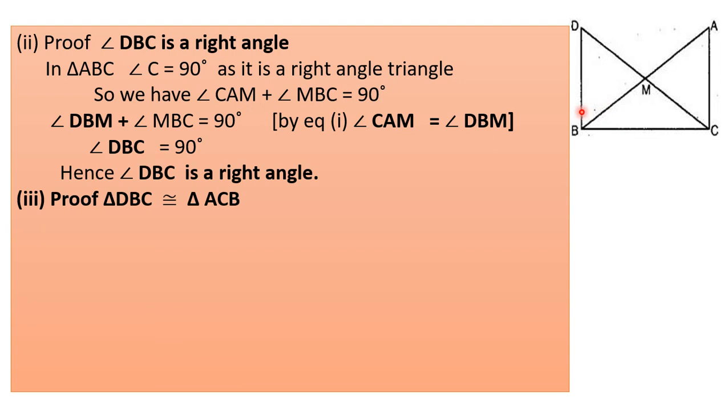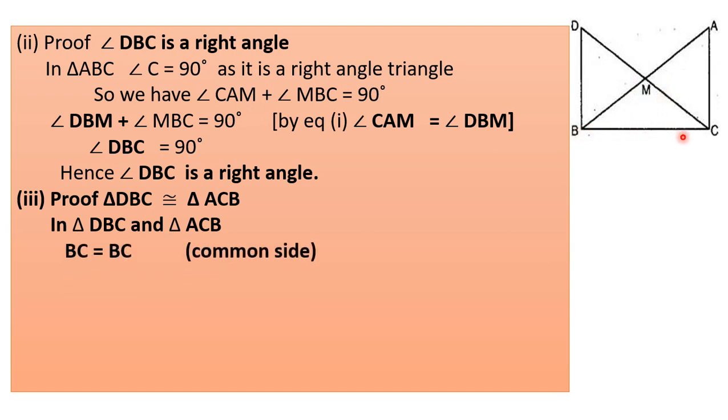Now proceed to the third proof, in which we have to prove that triangle DBC is congruent to triangle ACB. In these two triangles, BC is the common side, or we can say the common base for triangle DBC and triangle ACB.